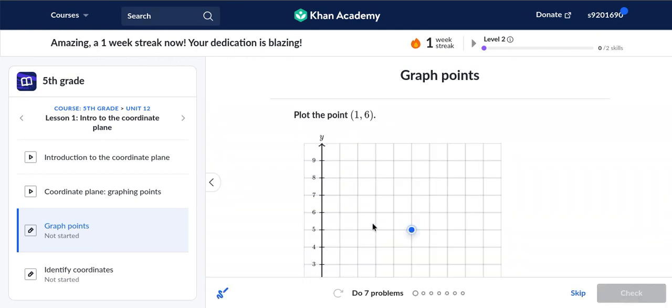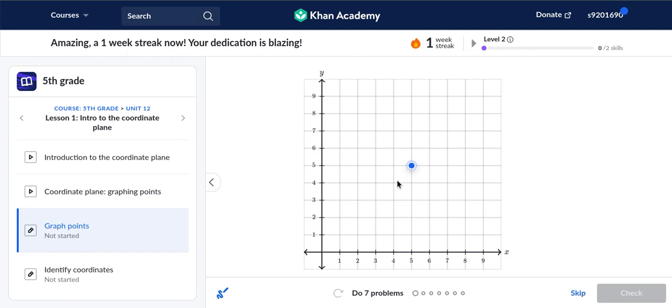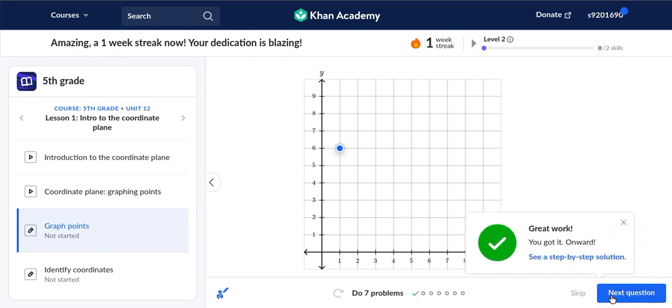So let's go. Let's plot 1 and 6. Our 6 is gonna be right here. We're gonna move it right here, and then we're gonna check it, and we got the answer right.